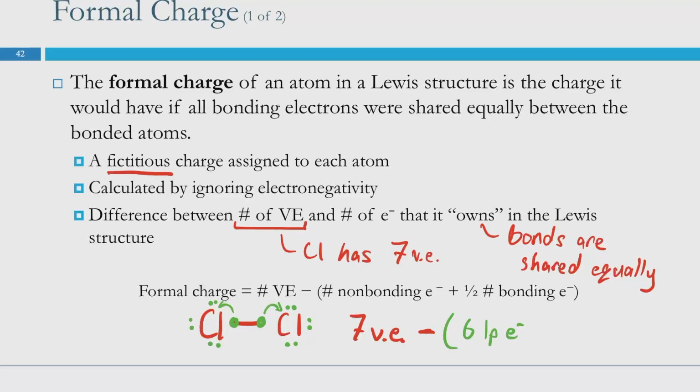We've got 6 lone pair electrons on each of our chlorines, and 1/2 of 2 bonding electrons, rather. So that would be 7 minus 7. Our formal charge on the chlorines is 0.